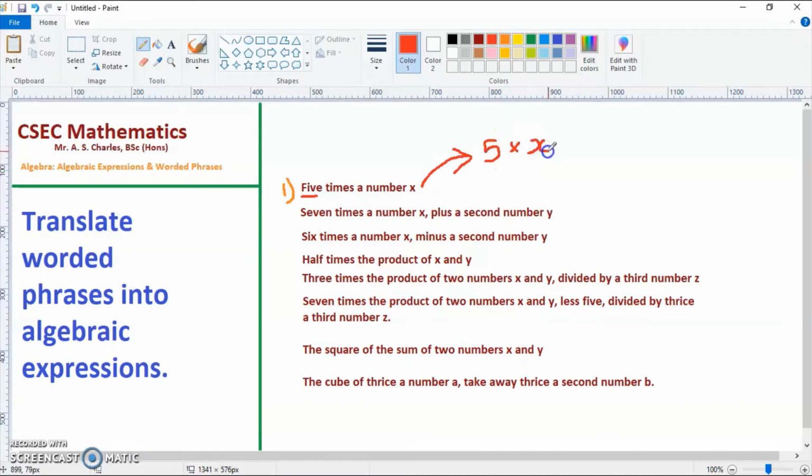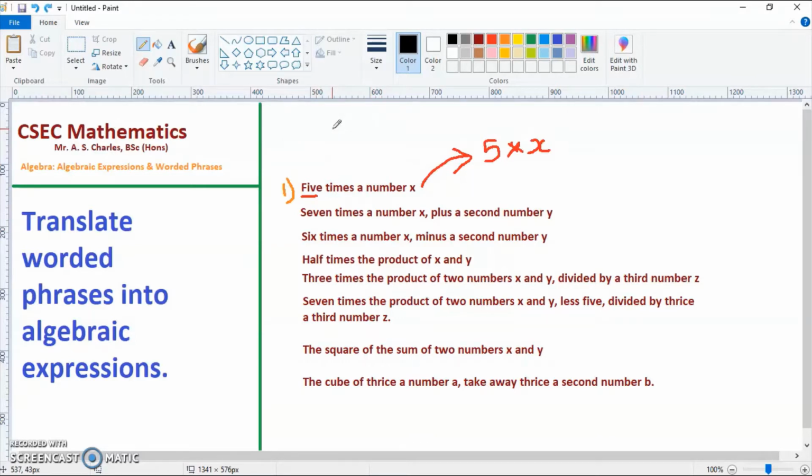Notice that I have made my multiplication sign different to the symbol x to differentiate between the two, because in algebra you do not want to confuse the letter x with the multiplication sign. You could either make your x like this, or you can make it like this. Whichever way, just ensure that it's differentiated from the multiplication sign.